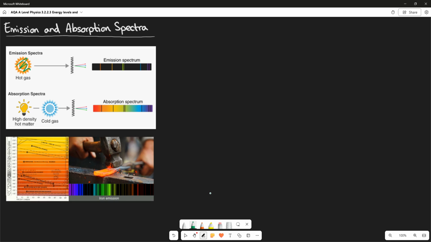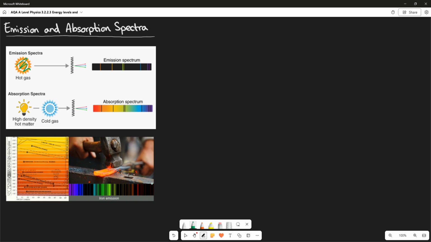A very old application of this is in blacksmithing. Here you can see the emission spectrum for iron. When iron is at quite a cool temperature, it gives off low energy photons in the red range. If you increase the temperature, it will give out these red photons, but it will also give out some of these orangey photons.